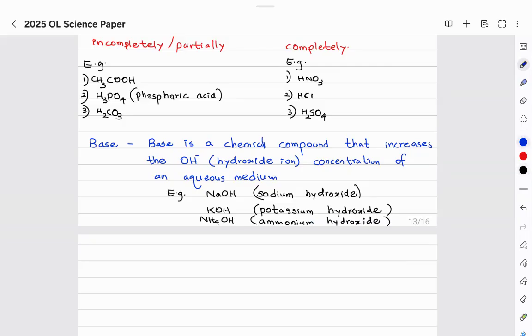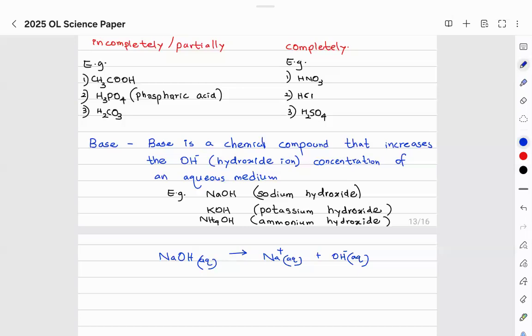Now let me consider sodium hydroxide. Sodium hydroxide aqueous releases sodium plus aqueous cation and OH minus aqueous anion. That is how a base works, children. OH minus means hydroxide. Is it clear?